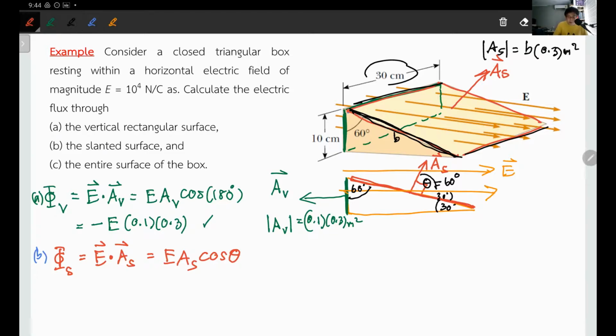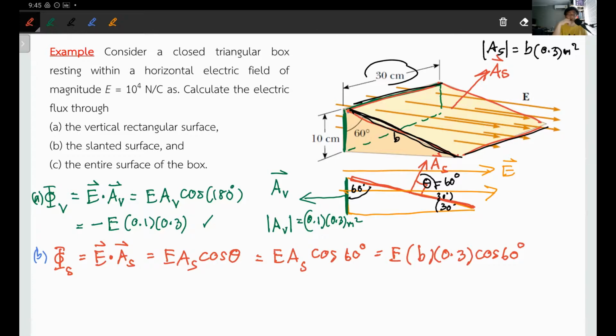So what I'm going to do next is just say, okay, E times A sub S times cosine 60. However, you just say A sub S is just B times 0.3.